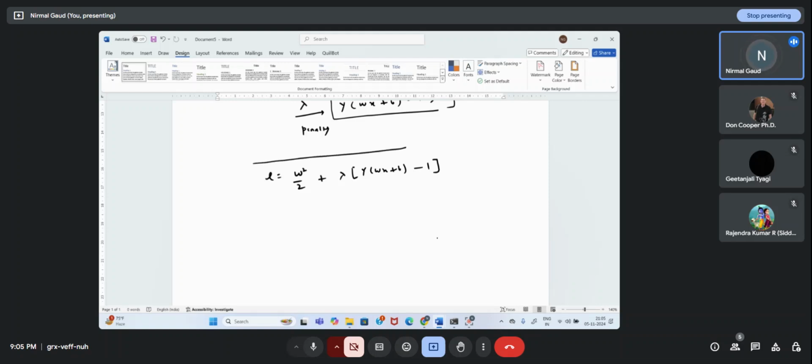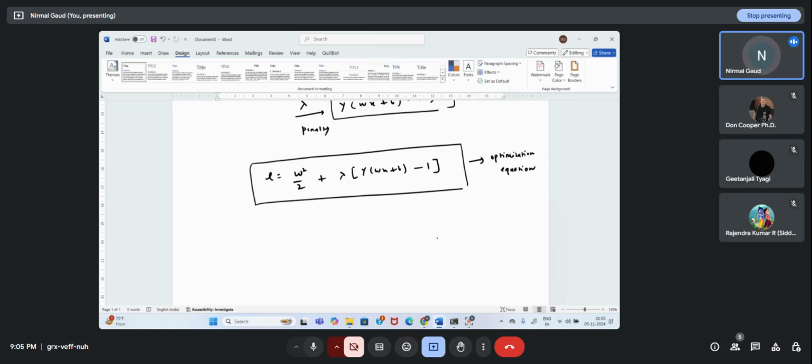This will be your Lagrange's equation, optimization equation. This is F, this is G. So this equation will be the optimization equation. Okay, got it. We have to solve this equation. We will do.